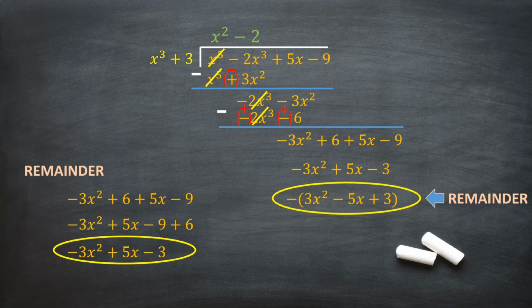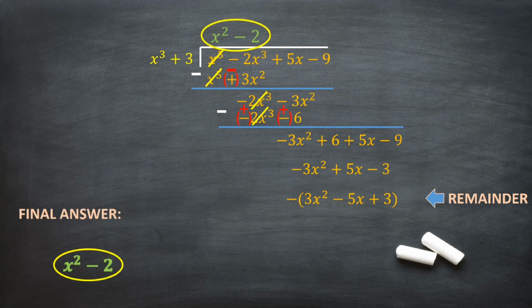Now that our remainder is in its simplest form, we will write the final answer. Starting off with the quotient found above the division symbol, that is x squared minus 2, followed by the remainder. If the remainder carries a negative sign, you put it as minus the remainder.